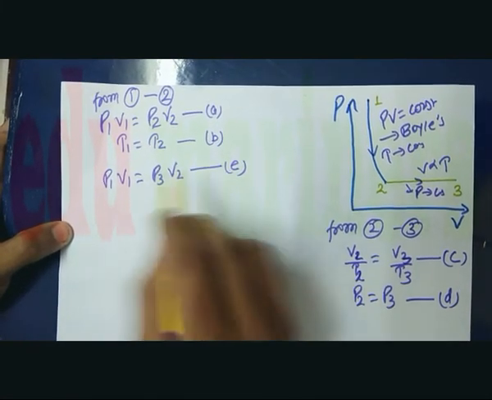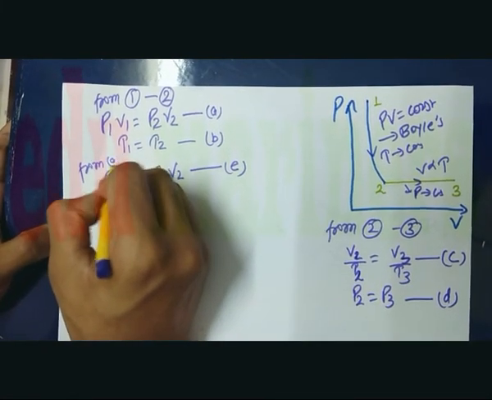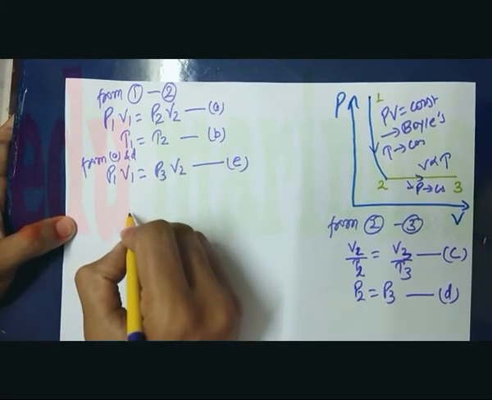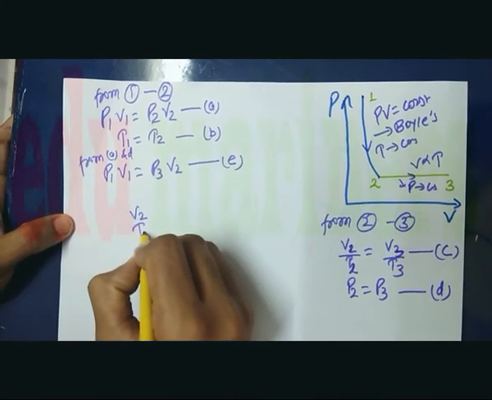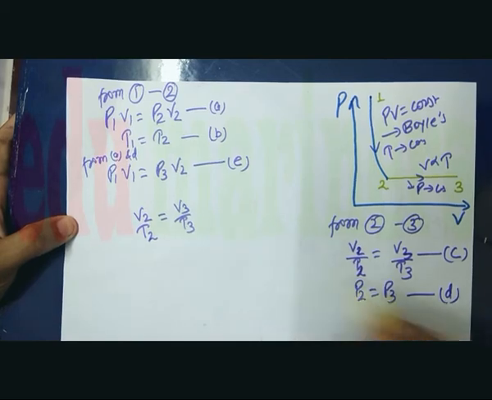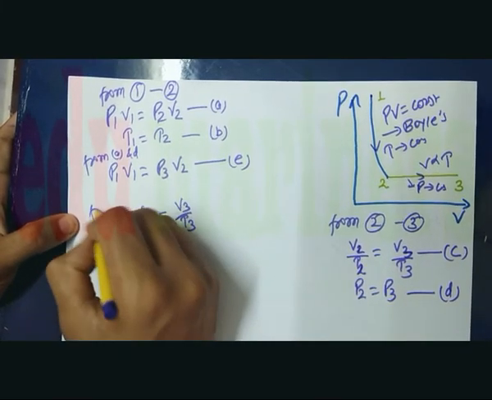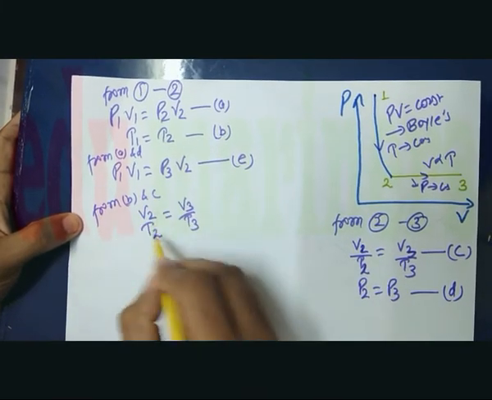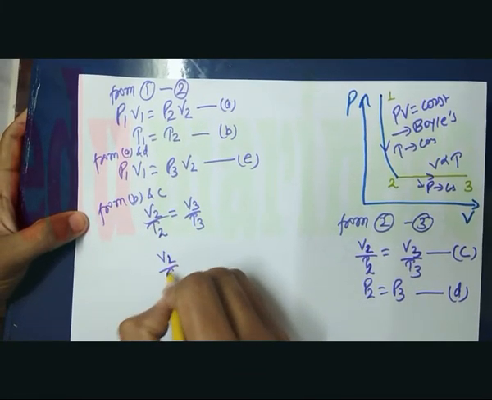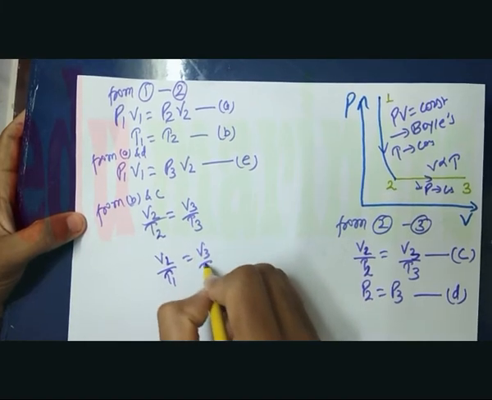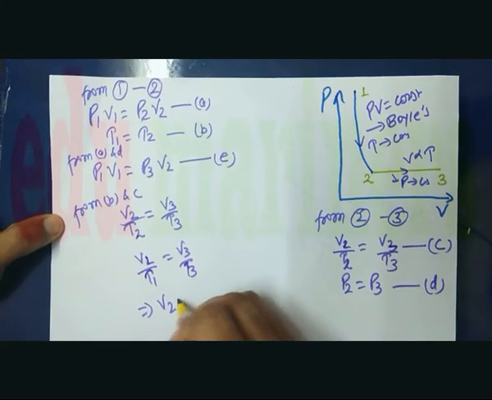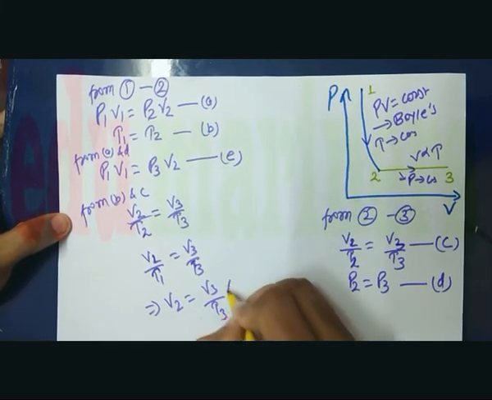Now from B and C, we can write V2 by T2 is equal to V3 by T3. Rewriting this equation, V2 by T1 is equal to V3 by T3. So V2 is equal to V3 by T3 into T1.